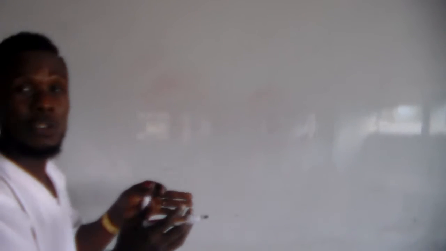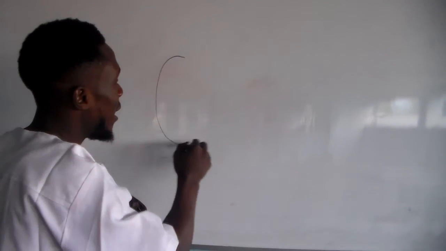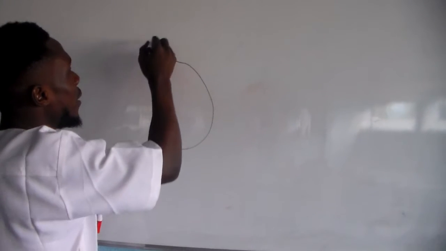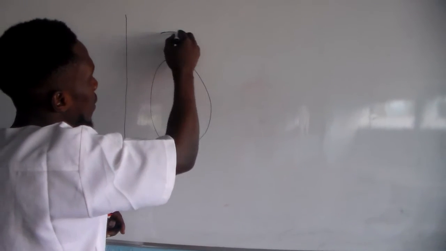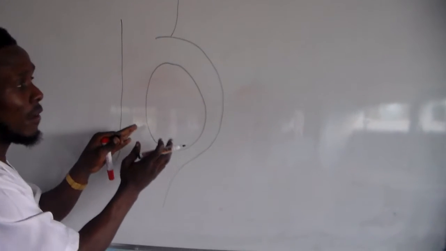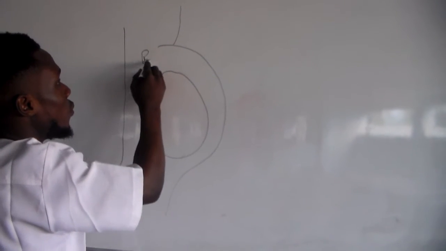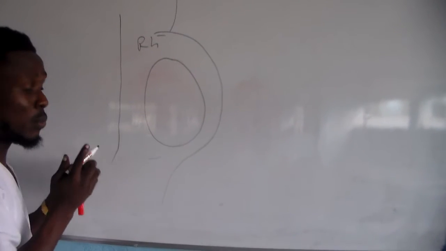Haemolytic disease of a fetus or a newborn is that condition wherein we have a mother who is rhesus negative and the father is rhesus positive.